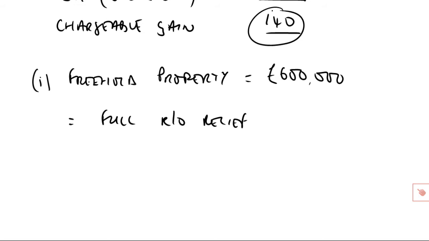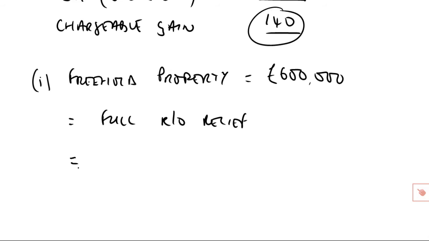No problem. If by the date that the rollover relief claim became available to you, you had in fact already paid your corporate tax on a TTP inclusive of the gain, not a problem. You put in your rollover relief claim and HMRC will pay back to you the corporate tax on what is now the deferred gain. So full rollover relief will be available. The entire gain of 140 will be deferred.